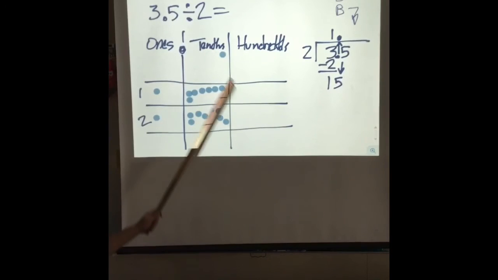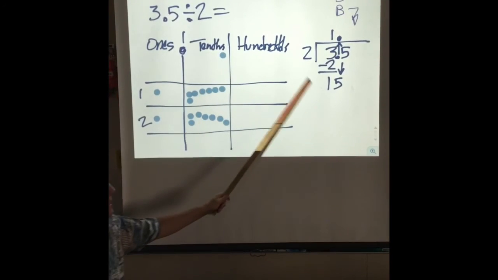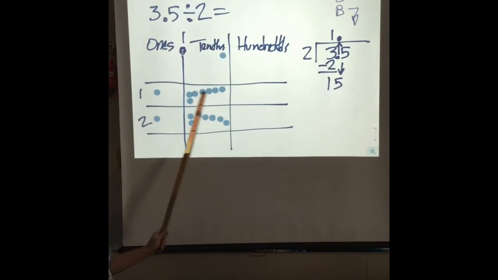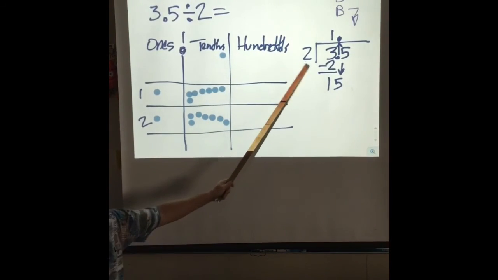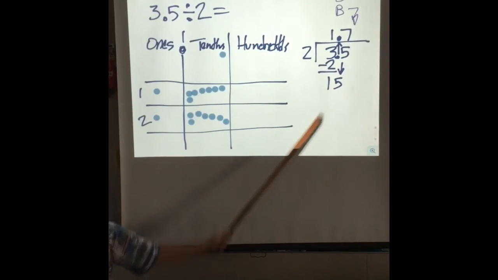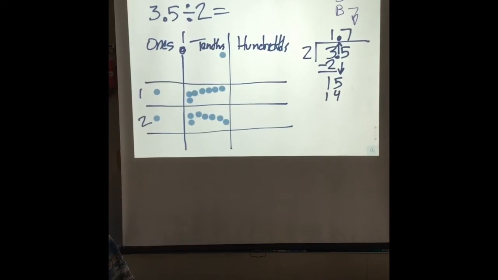What do I have? I have 1 left over. I have 1, 2, 3, 4, 5, 6, 7. I've got 7, right? 2 times 7, if we put a 7 up on top there, 2 times 7 is what? 14, right? And it leaves us with 1.